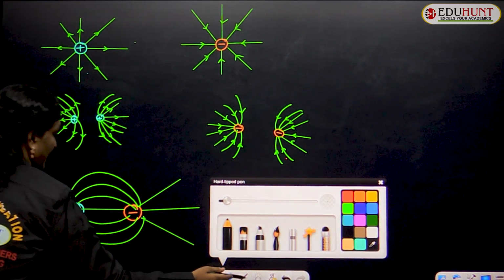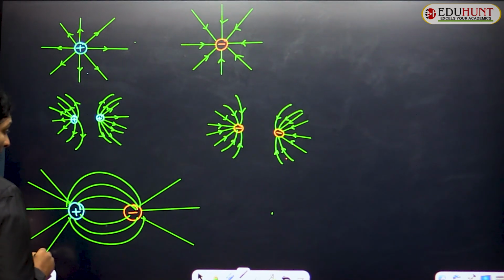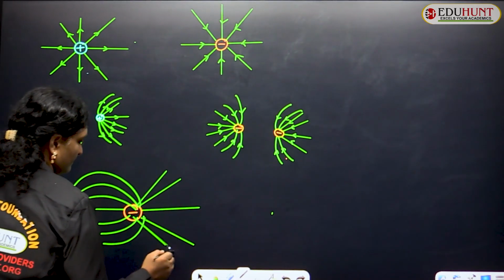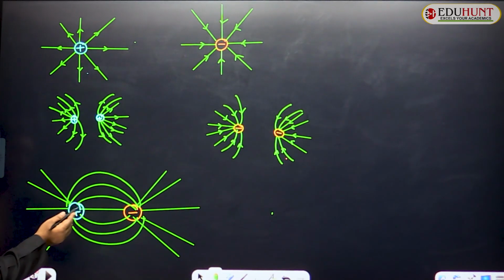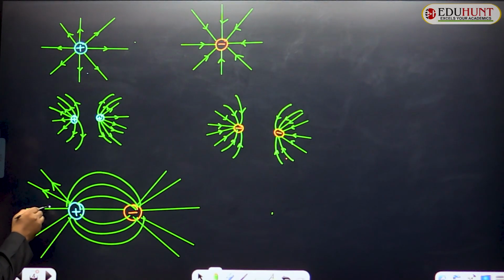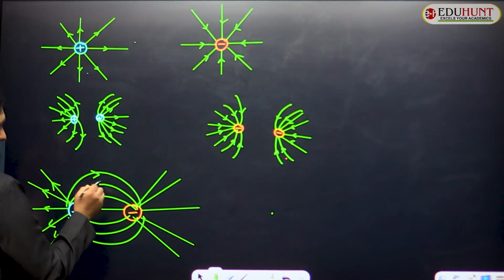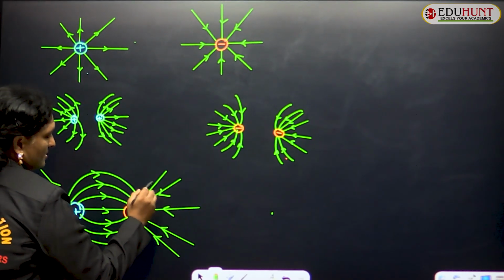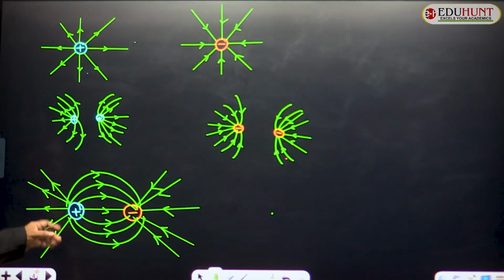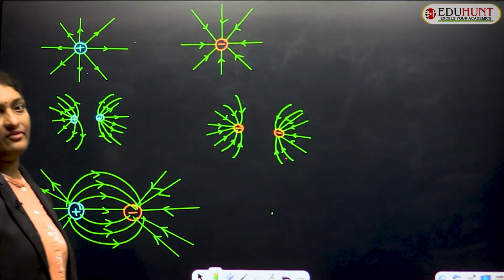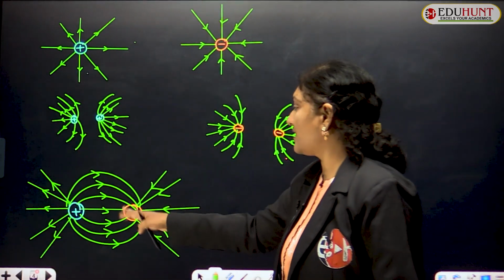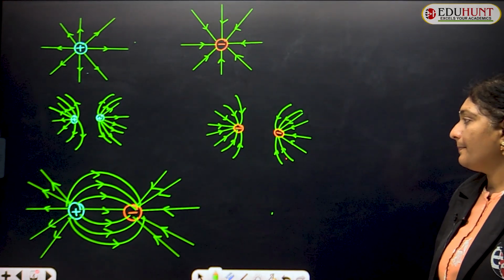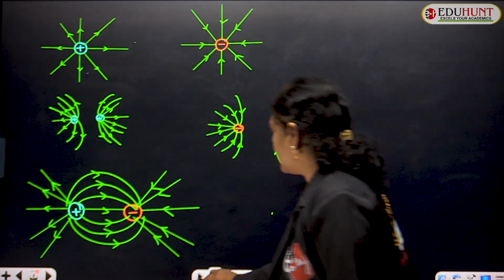I am drawing more lines, children, to make you understand in a clear, better way. Very clearly the field lines must go out of the positive charge and into the negative charge. So, this is how the shape of the electric field lines looks when a positive charge is kept near a negatively charged one.